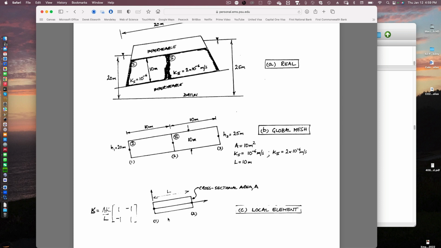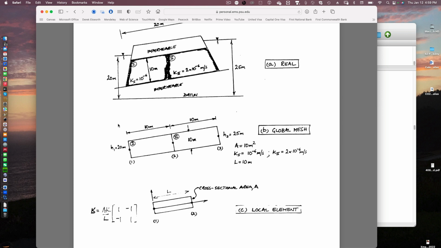And we can use the idea of a localized element. We describe what an element looks like, and this is what the element subroutine is based on, this particular geometry, where it goes out to the element subroutine and then brings some information back. So this is the geometry that is put together. What we prescribe is that the upstream head here is equal to 25 meters.